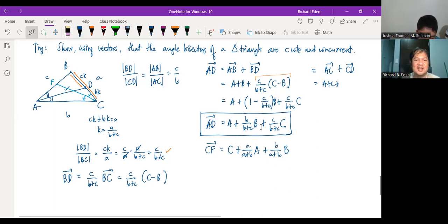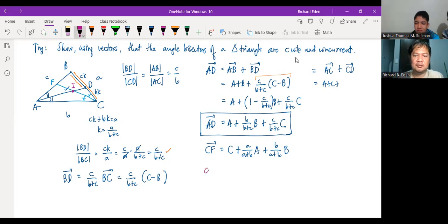All right. And then just like before, let I be the intersection. So we should be able to express I in terms of A, B, and C and the length. So try to explore.